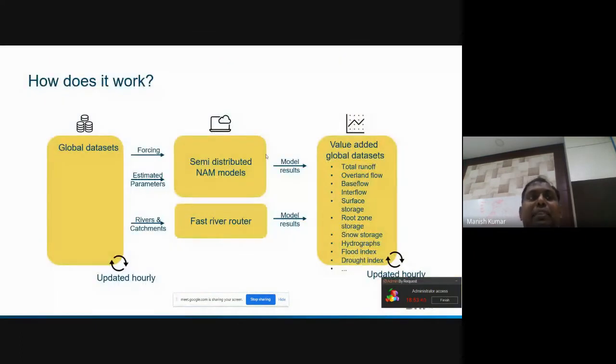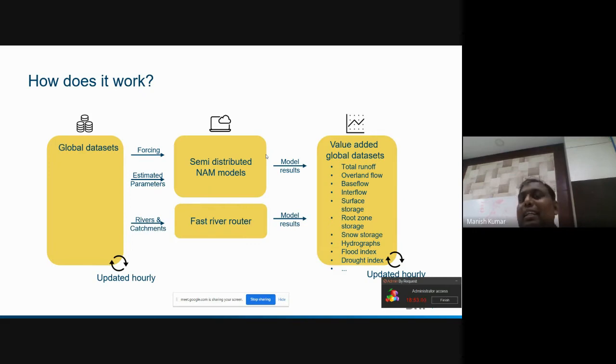So what we did is, it's the same NAM model. From the global data sets, we identified different types of data sets, and we tried to estimate the parameters of the NAM model from them. Obviously, for precipitation we used only satellite based precipitation, because we have a near real-time precipitation source, that is GPM, and we have a forecasted precipitation source, again satellite based.